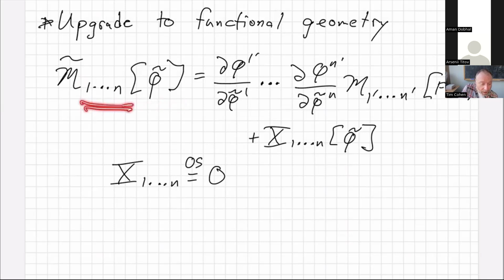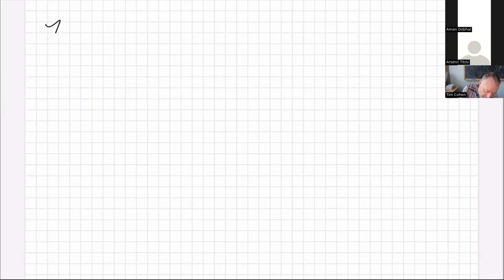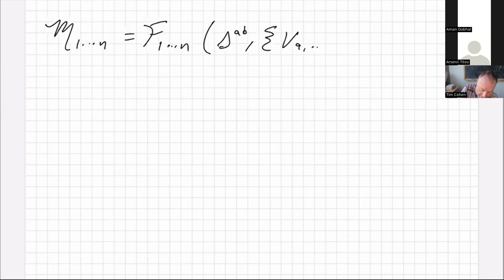So then our main formula in this language is: M_{1 through N} is some function of the deltas and some vertices. This is an M, so some collection of momented vertices. And this is equal to the same function.